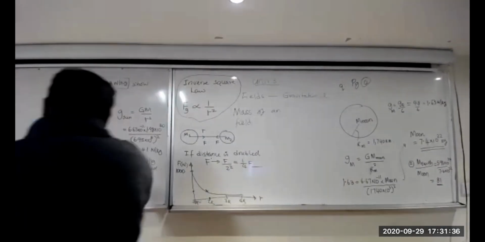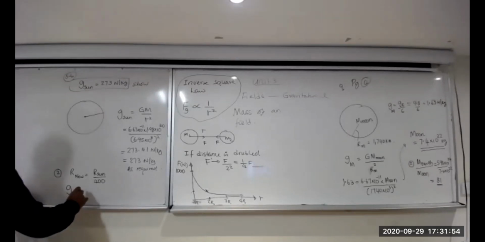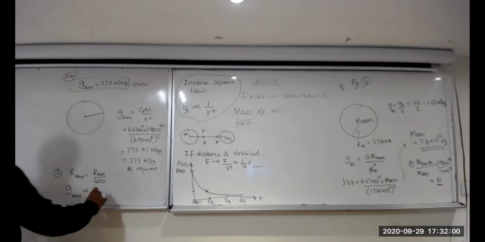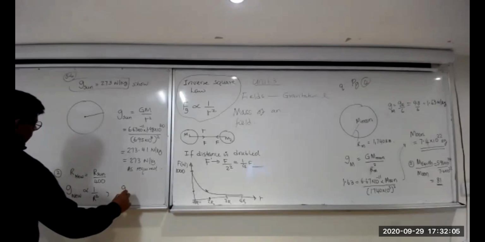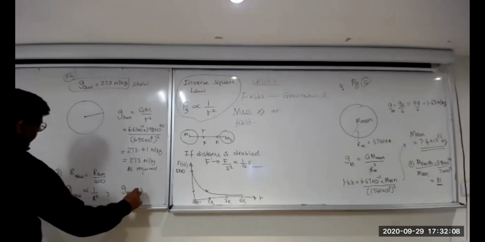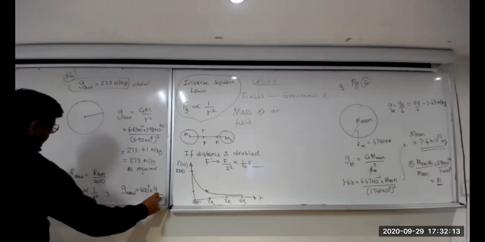Hey guys, if the radius is 1/400, you can straight away say that the new gravitational field strength, because it's proportional to 1 over r squared, would be 400 squared times bigger than the original one, because of the inverse square law.